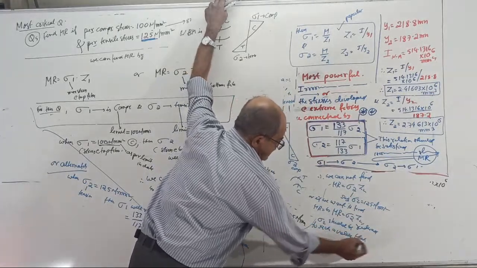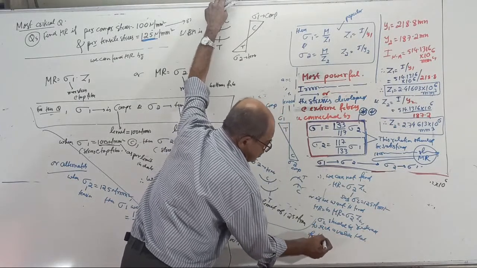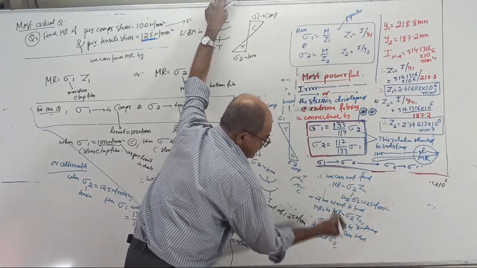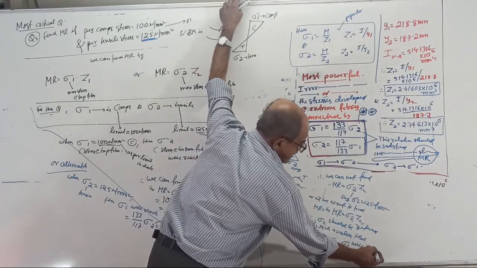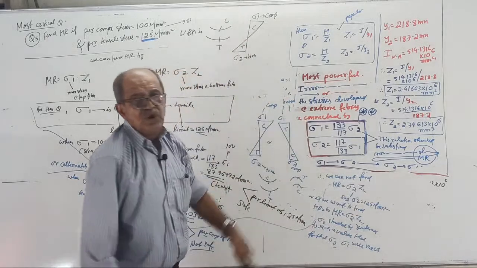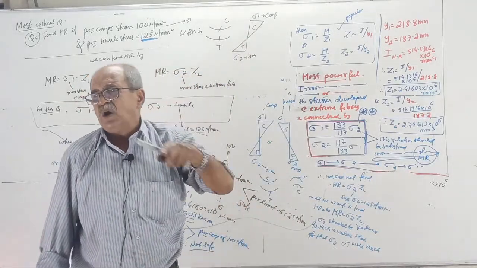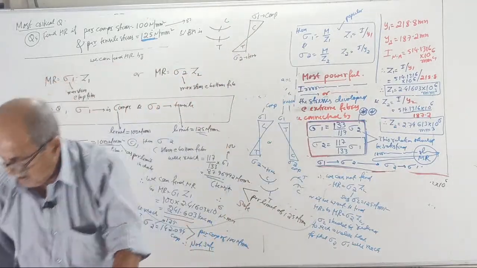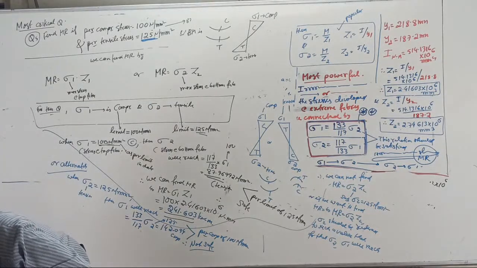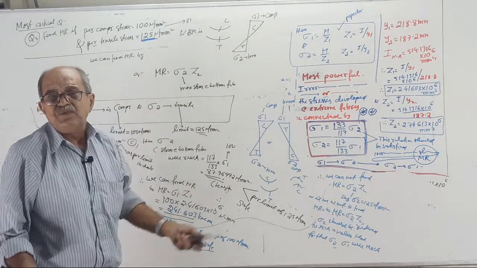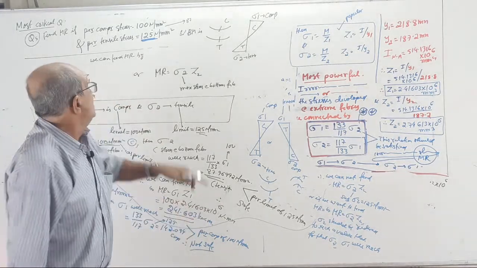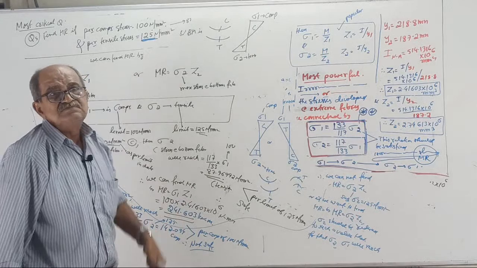that for that sigma 2, sigma 1 will reach how much, tell me? If sigma 2 is 125, it is beyond the limit. For tension, no problem. Problem for compression.